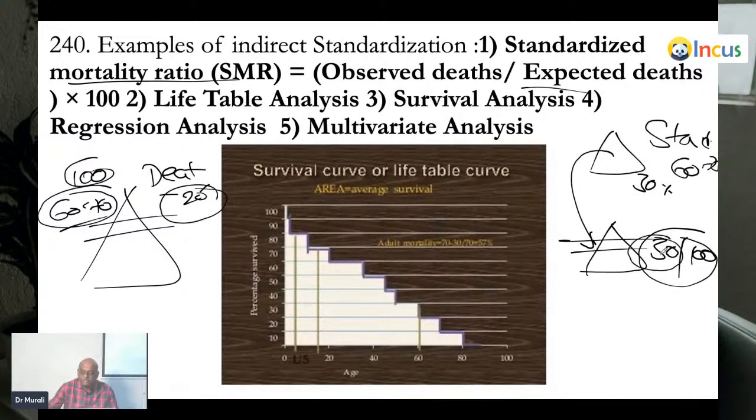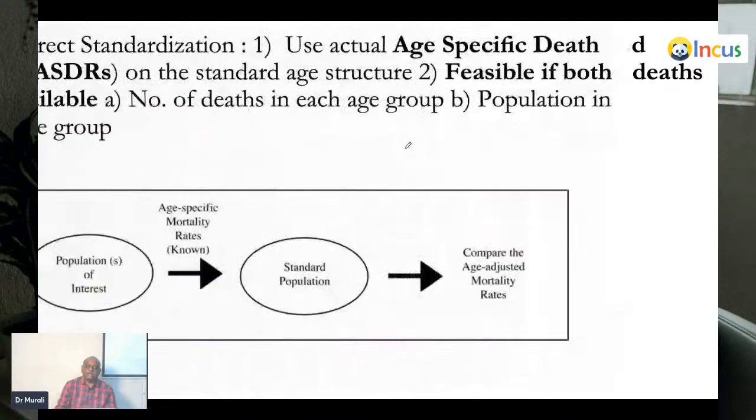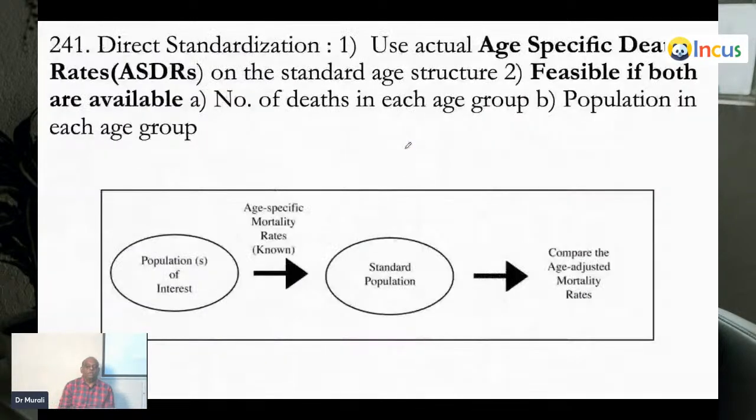So this 20 by 30 will give you what is called the standardized mortality ratio. Similarly, life table analysis, survival analysis, regression analysis and multivariate analysis are all examples of indirect standardization, which you need to remember. All right.